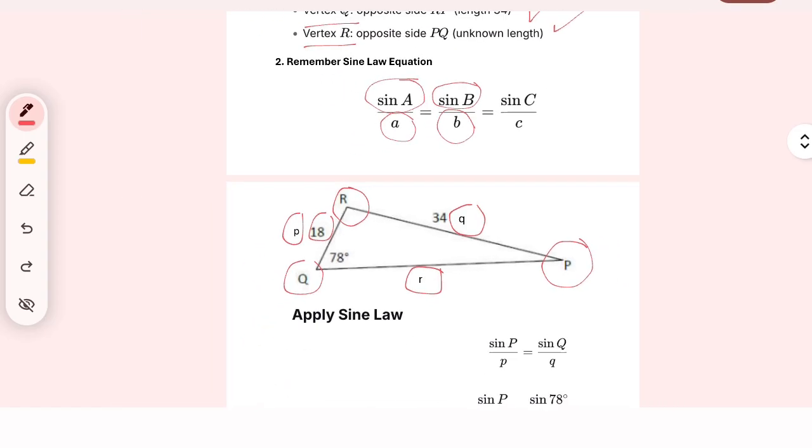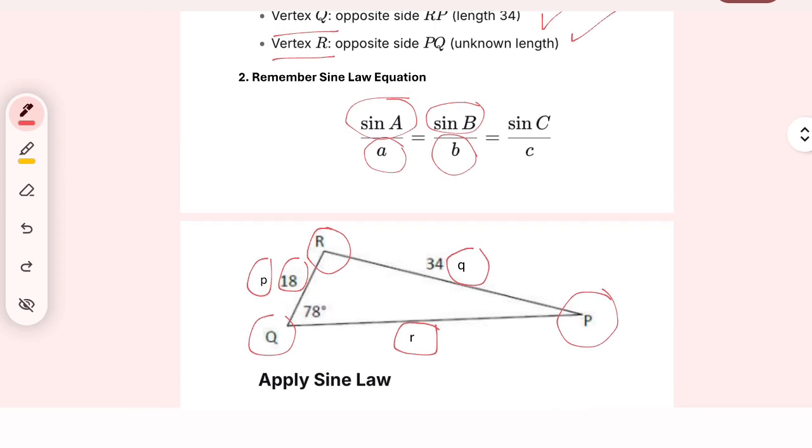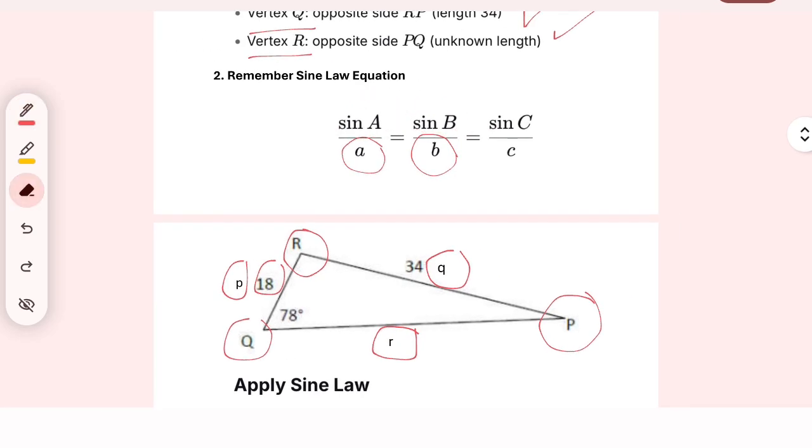Which sine law do you think we should use? There are three of them here. Like I said in the previous problem, out of the three you just have to select two.